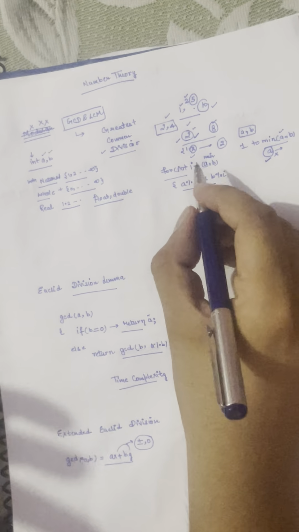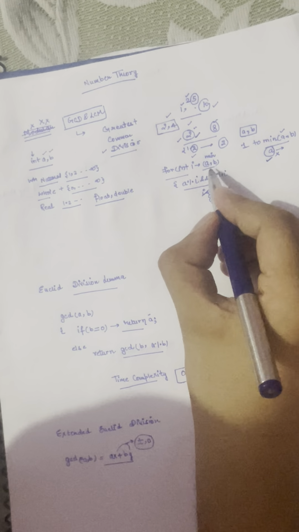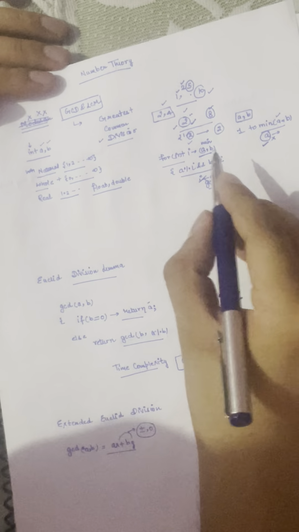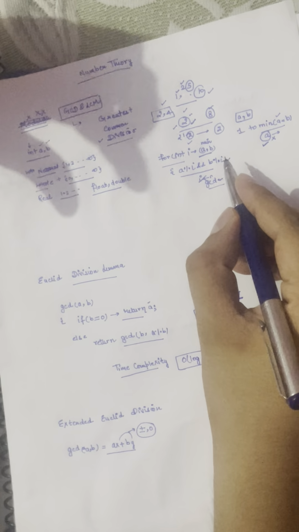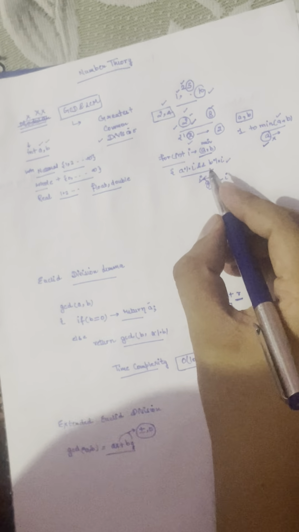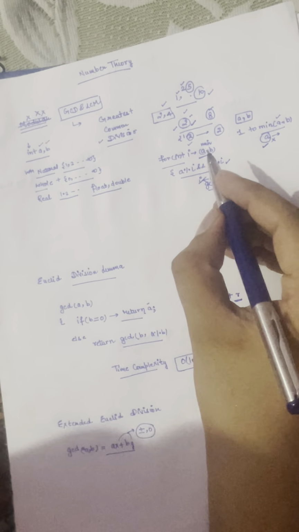So we first check with 1, then 2, 3, up to the minimum of a and b, checking each number one by one. If that number divides both a and b, it becomes our GCD, and then we continue with the next number because we are finding the greatest of all those divisors.